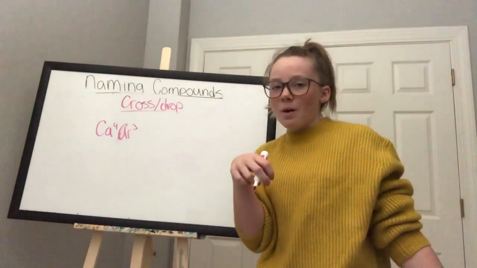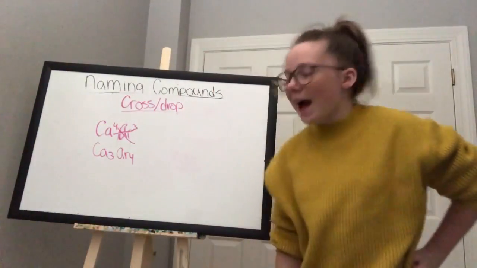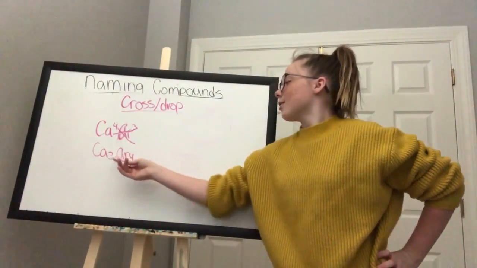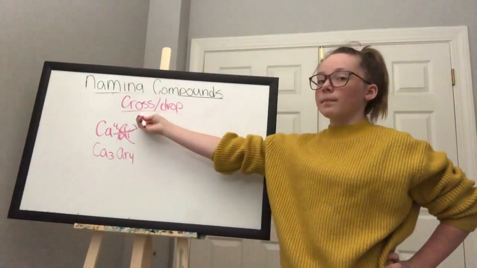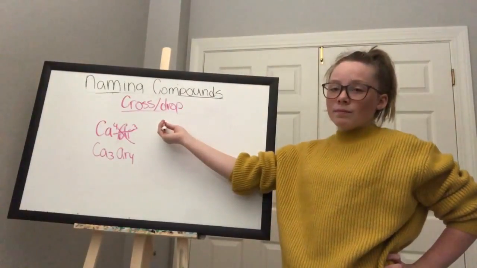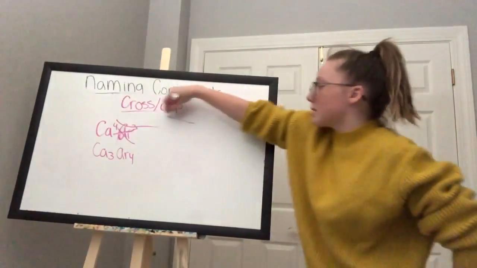And we cross them down to the bottom because we know they're not better than us. So when we do that, it should become Ca3Ar4. Because we switched them, we crossed, and we dropped them. They are now down to our level. That's how you cross and drop.